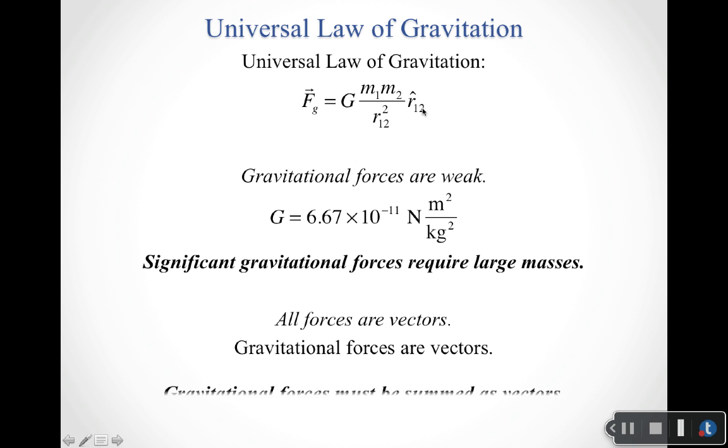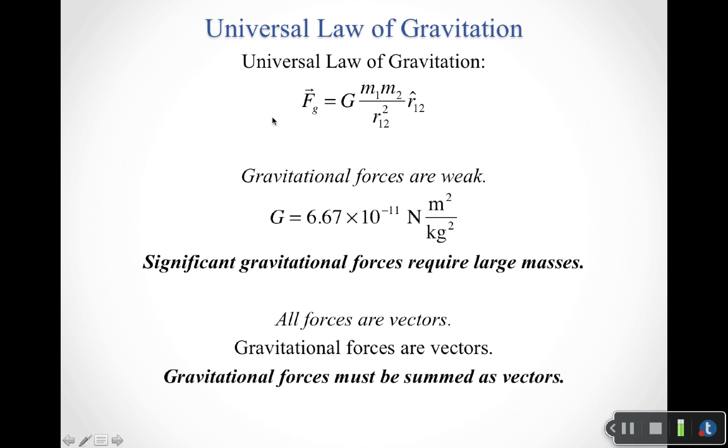It's a special way of notating that in vector terms. The important thing is that if we've got multiple masses, then we're going to have multiple gravitational forces, and they must be summed as vectors. At the end of the day, this is still a vector summation problem because we're still dealing with forces.